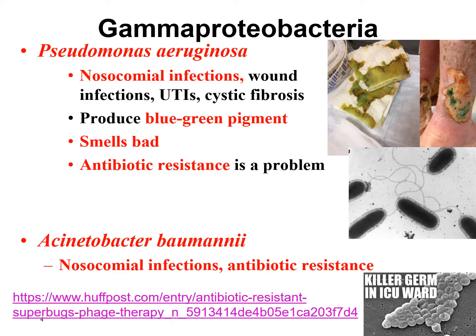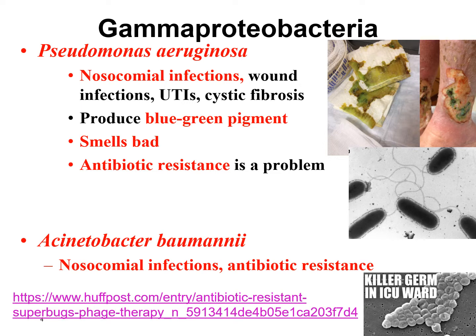Okay, so an example of a gamma proteobacteria is Pseudomonas aeruginosa. This bacteria you will not forget once you have a patient that you've seen with it. It has some very characteristic things that it does.